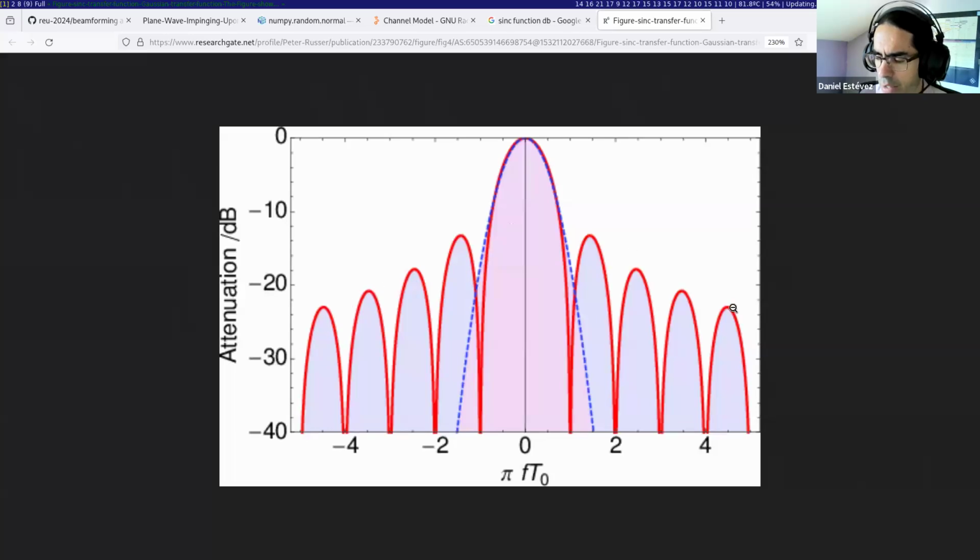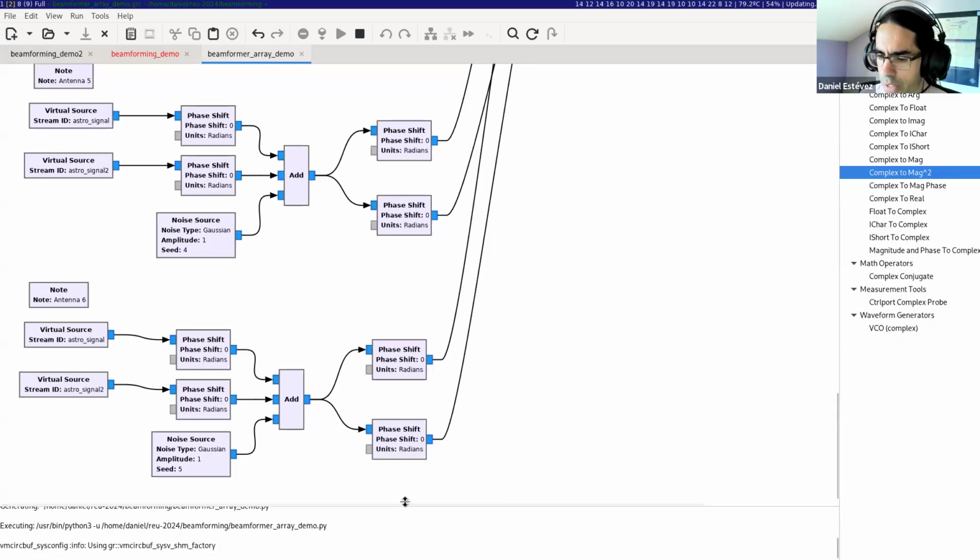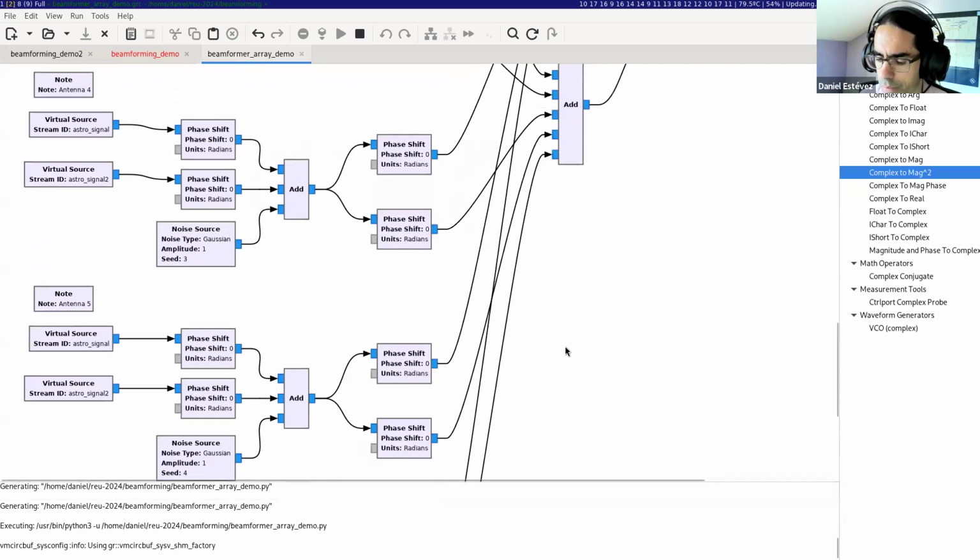The pattern will depend on the number of antennas, and the more antennas I have, the better. There will be fewer side lobes. Having more antennas is also better for SNR because we have more collecting area, but it's also good because of side lobes. So that's how the number of antennas plays a role here.